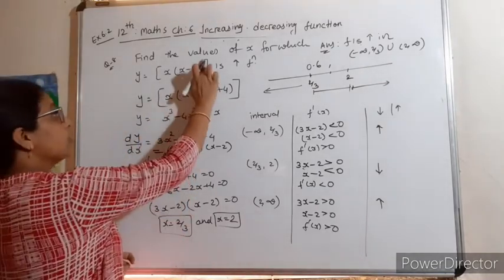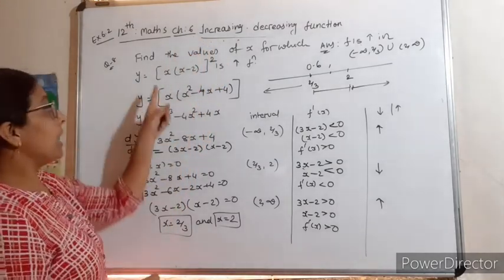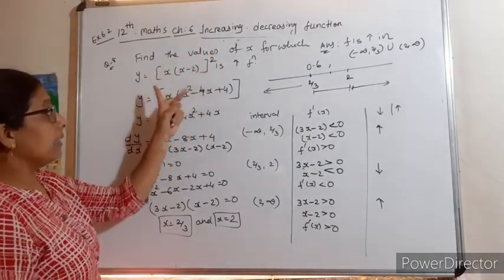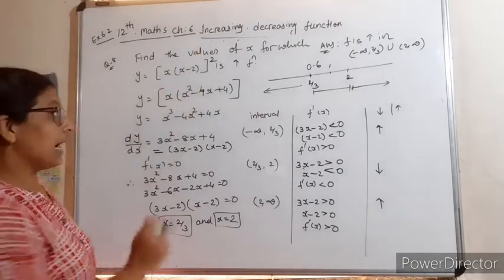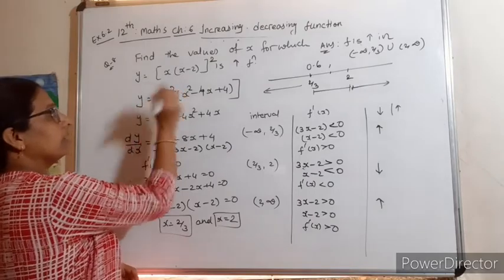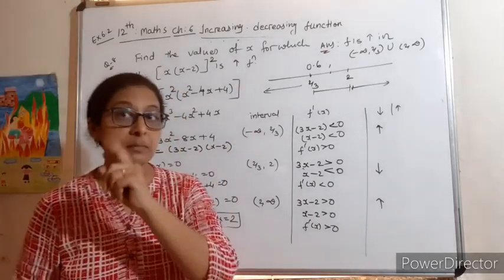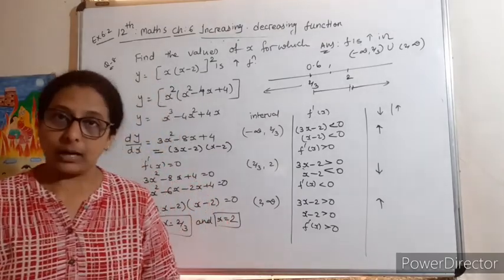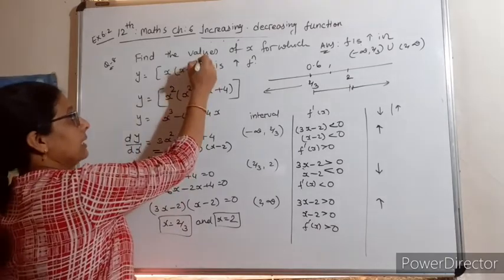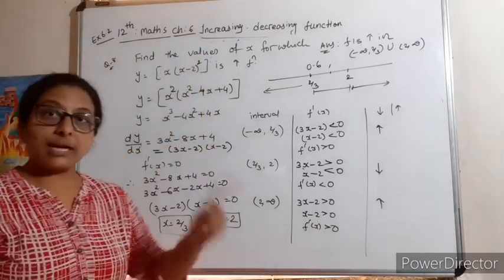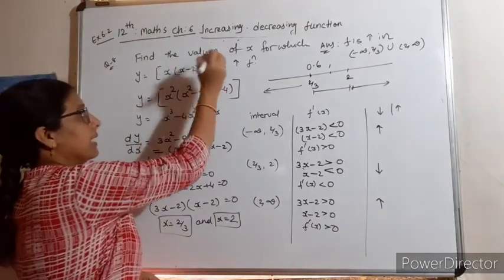In all the textbooks it is given as whole square. What does it mean? You have to simplify it like x square or x minus 2 square. Then your function will become like this, and you have to simplify the whole sum and get the answer. Sometimes in some textbooks it is like what I did, and in some textbooks it is like this.